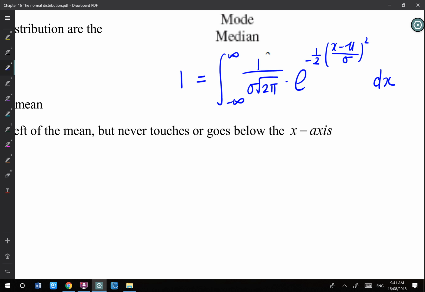So to make this become a density function, you must have domain R. If the domain is not R, then we don't have area 1, it's less than 1.